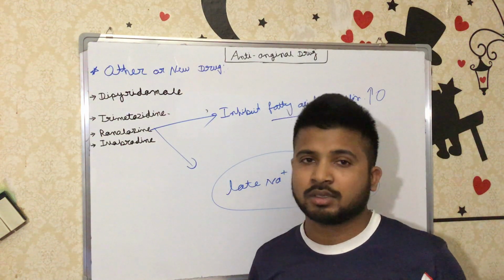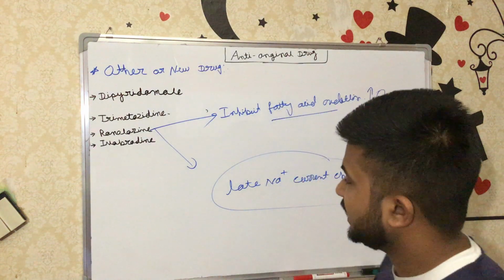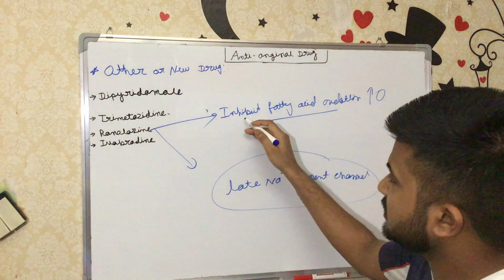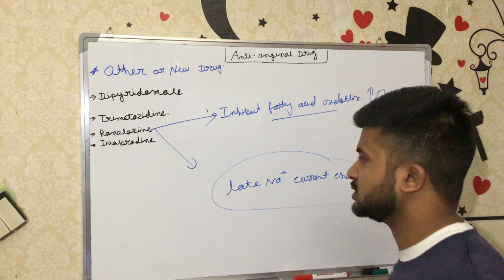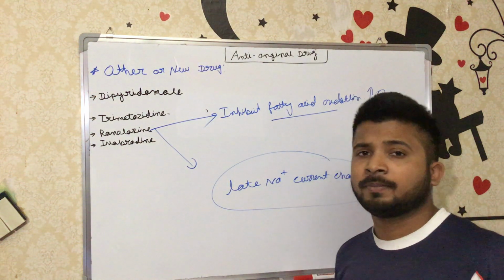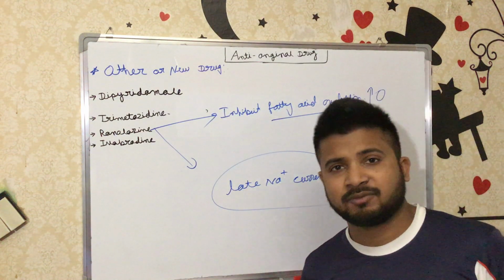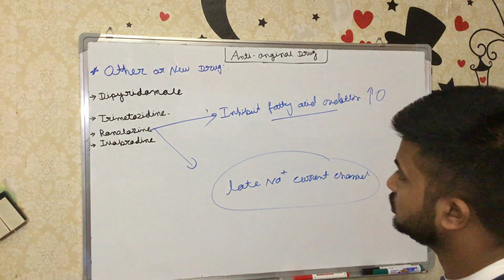So contractility obviously decreases. That's why one mechanism is the inhibition of the fatty acid oxidation, and the second mechanism is this. So by this way it can reduce the heart rate, and it will be helpful for the angina patient.